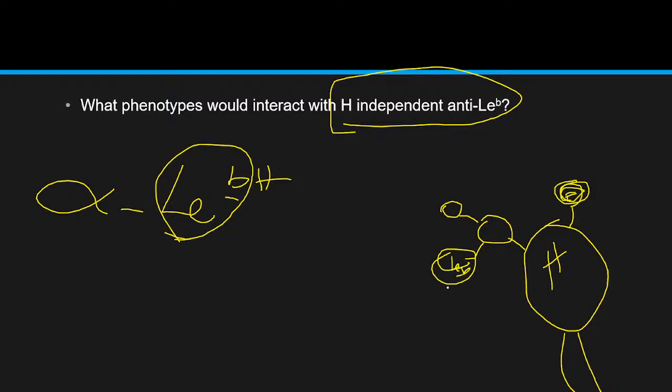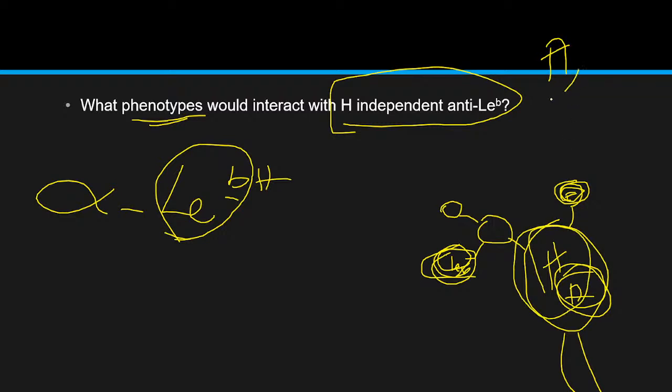Now, sir, parang familiar sa akin tong structure na to. Because that is basically type A. Okay? So that's a patient who is type A. Oh, wow. Oo nga. So therefore, the phenotypes that will react to this patient is either type A or, because there's an H substance, what other blood type will react with this patient?